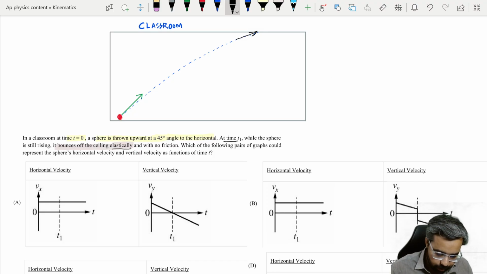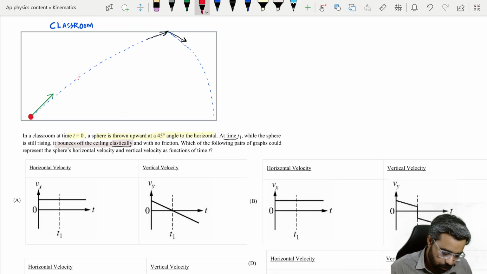It will bounce back because it is colliding elastically, so it will have the same speed. The ball will bounce back like this and then move in this curved path due to gravity.